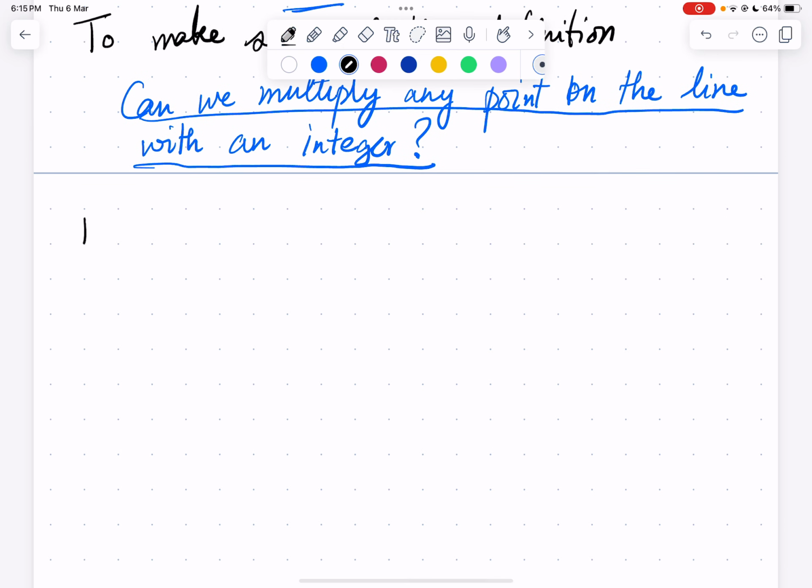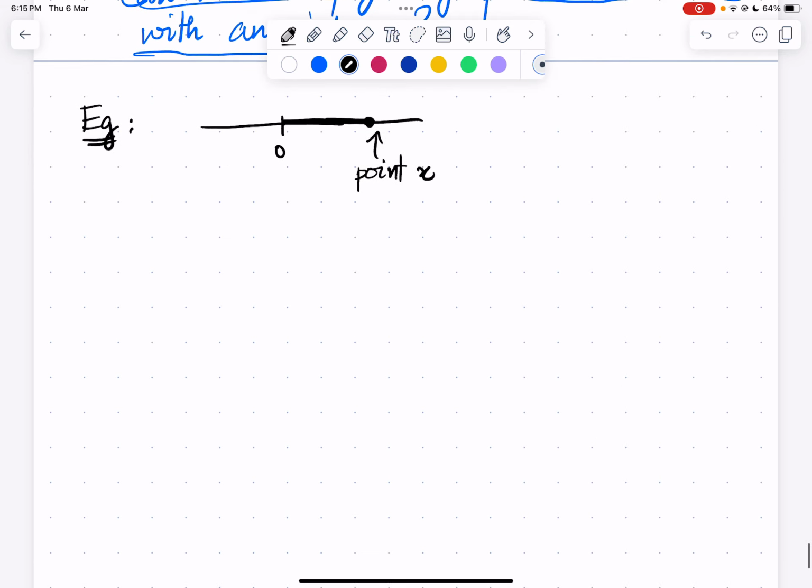So we define an integer times a point in this fashion. So consider 0 and some point x.